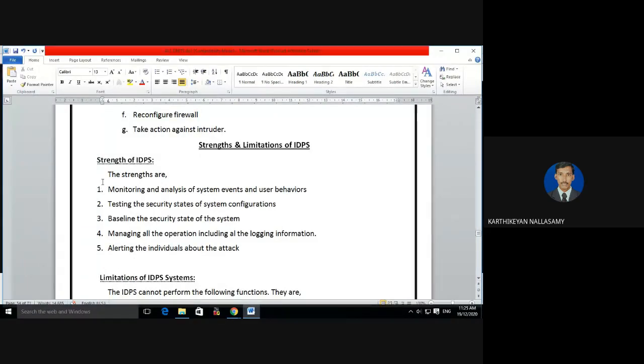Now the strengths and weaknesses. The strength is that we maintain monitoring and analysis of all your system events and user behaviors. Each and every security stage will be monitored in the form of SFSM. We need to define the baseline for your system, manage all types of operations, and it will alert when a particular attack is possible.